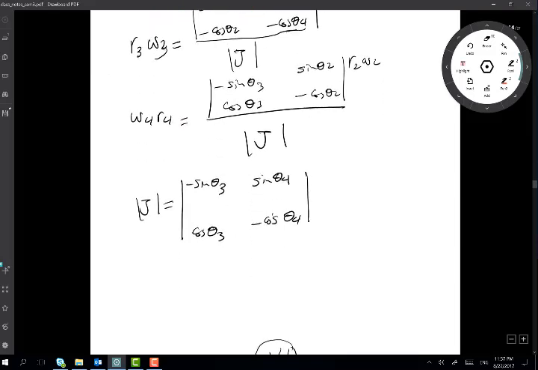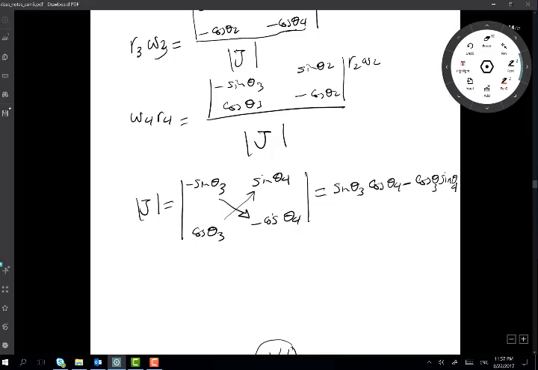This is my determinant here, which if I multiply those together, you get sine theta 3 cosine theta 4, take away this product here, which is cosine theta 3 sine theta 4.